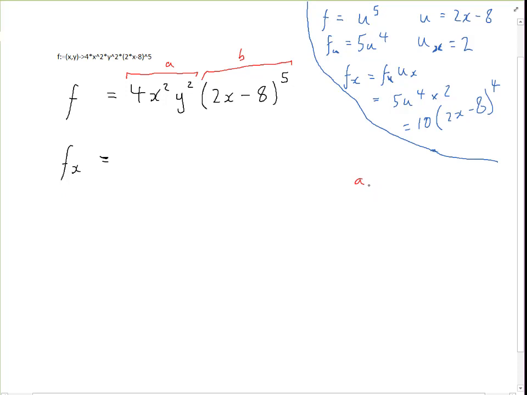I'm going to use a_x because we must be clear now we're talking about differentiating with respect to x. So a_x is 8x y squared. That's treating y as a constant, differentiating this.